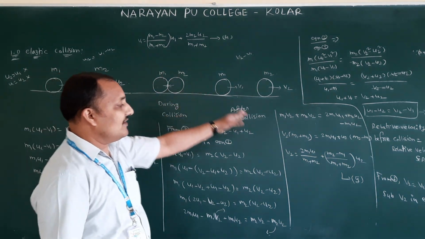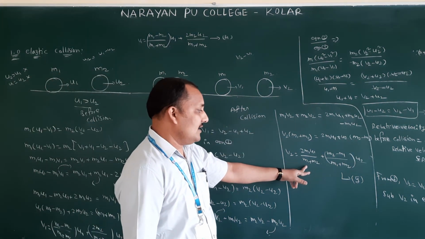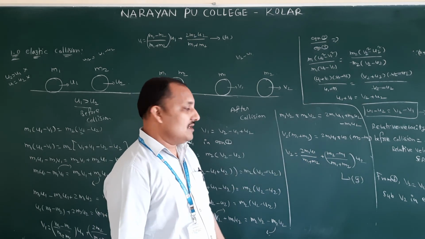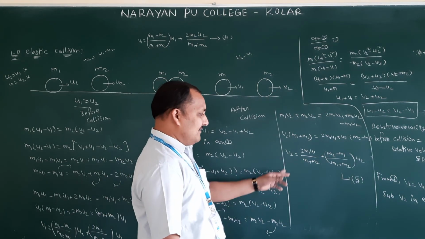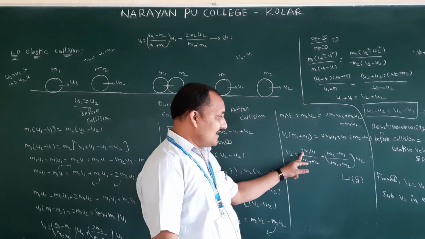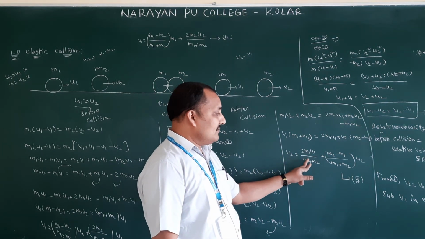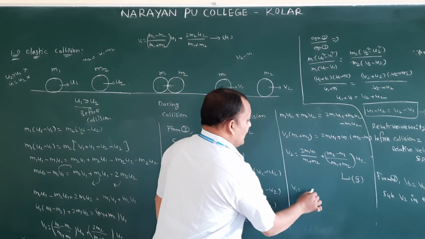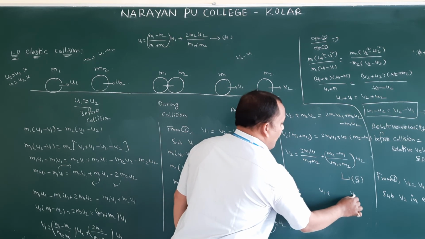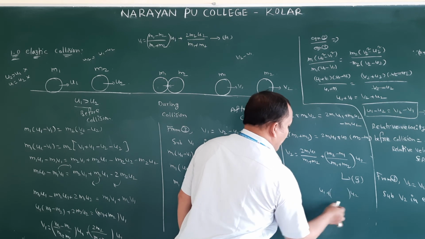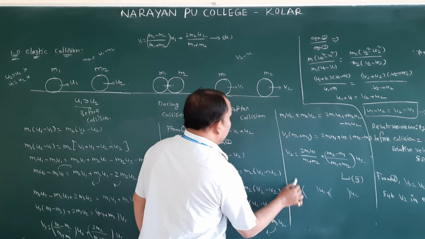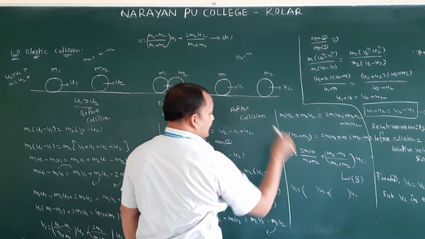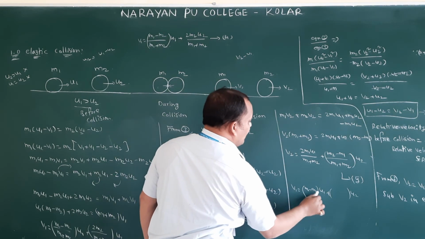See here, a small difference will be there. So how to remember this one? Simply you can check once. v2 is coming means it is starting with 2. v2, 2m1 by m1 plus m2. v1 is with u1, u2. Whenever this is v1, what you got here? m1 minus m2 by m1 plus m2, and 2m2 by m1 plus m2. That is how to remember, I am saying.